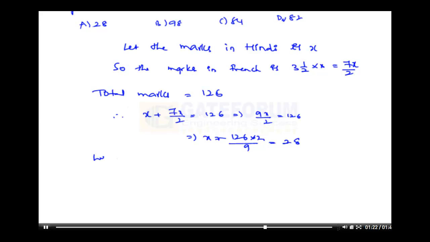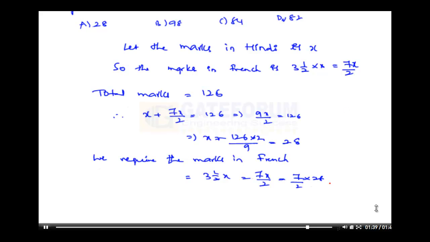We require the marks in French, that is 3.5 x, nothing but 7x by 2, is 7 into 28 by 2, which is nothing but 98 marks. So the option B is the right answer.